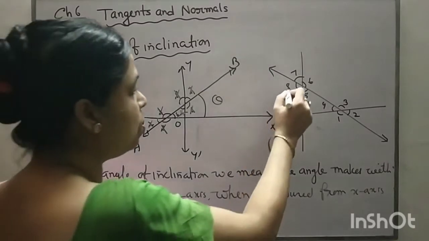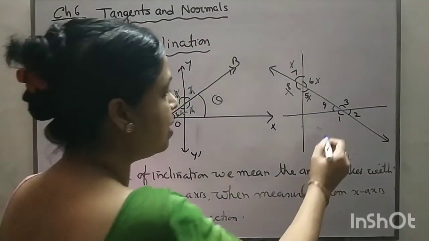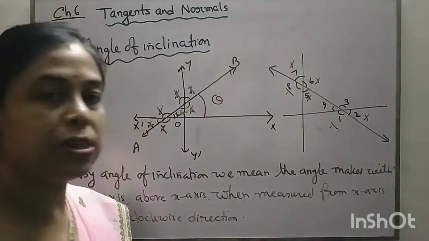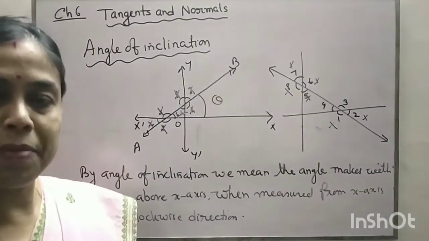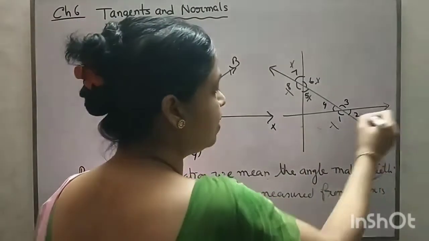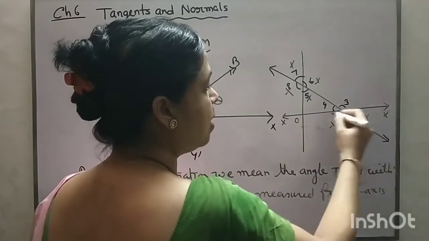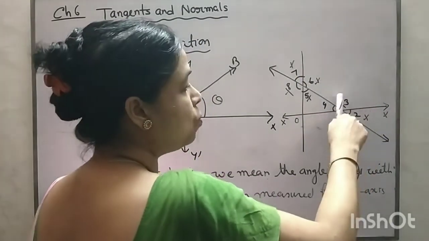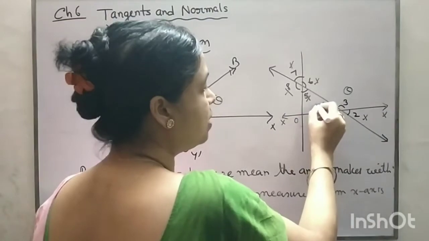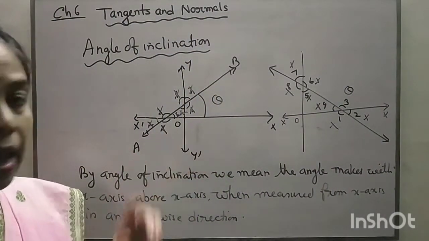Same way here also, these are not, because they are the angles made with y-axis. These are not, because they are below x-axis. Then when measured from x-axis in anti-clockwise direction, this is your x-axis, you may rotate the line this way, and this one is the angle of inclination, because the other is measured in clockwise direction. So we understand the meaning of angle of inclination.